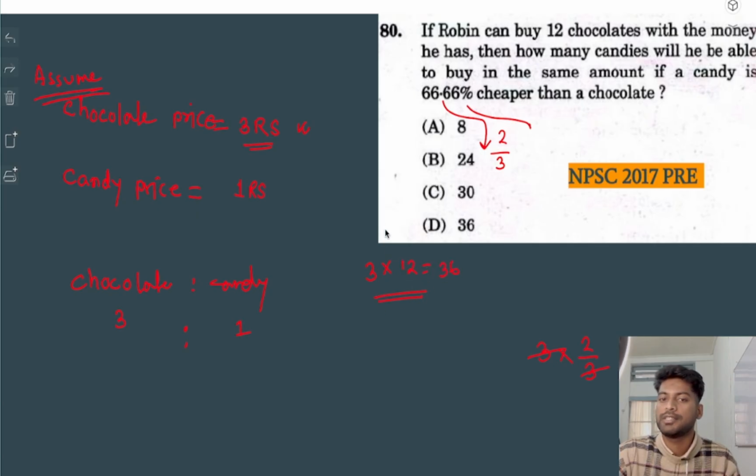So he had 36 rupees. With that, he can buy 36 candies, because one candy price is 1 rupee.